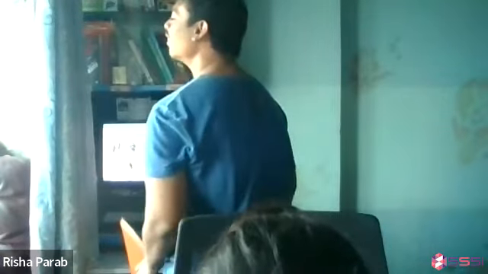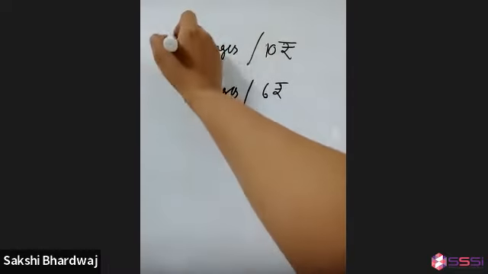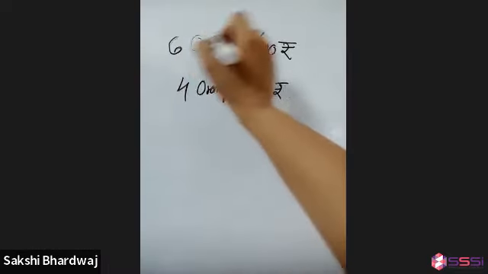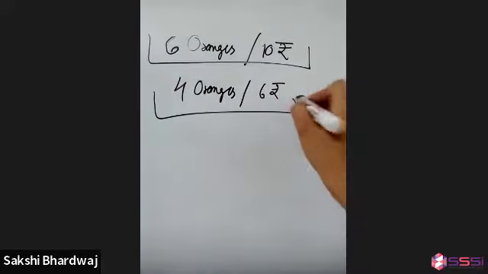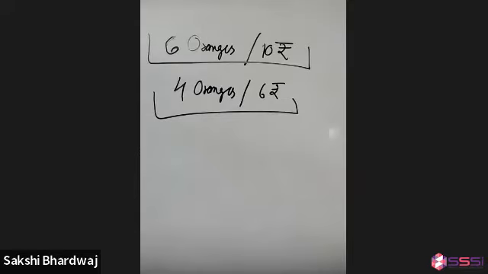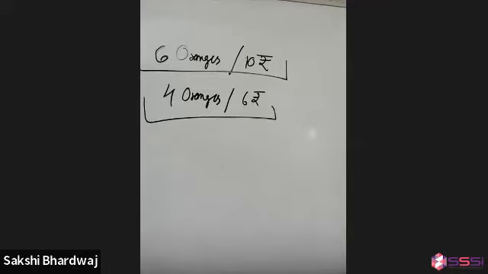Find his loss or gain percent. That's the price at which he bought the oranges, and this is the selling price. They haven't mentioned how many oranges he bought. Price is always per quantity.